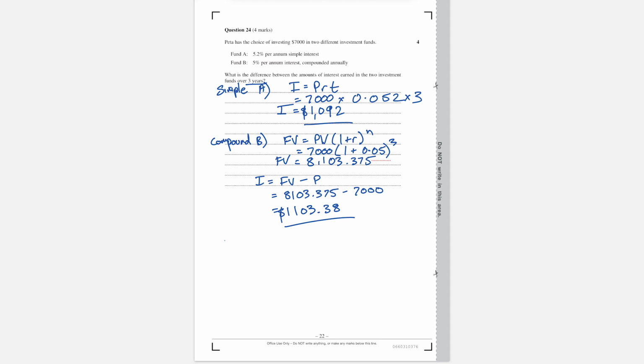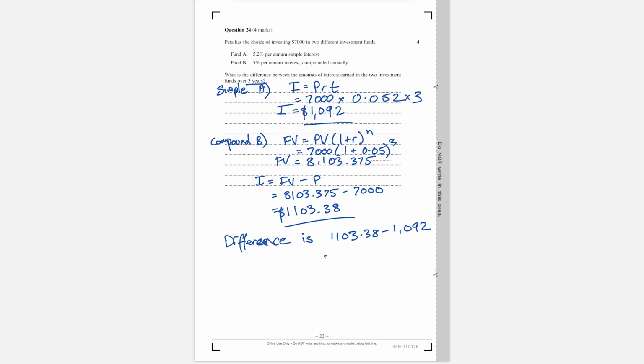Now, the question said, what is the difference between the amounts of interest earned? So the difference is going to be 1103.38 take away 1092. So we put that in our calculator, 1103.38 take away 1092.